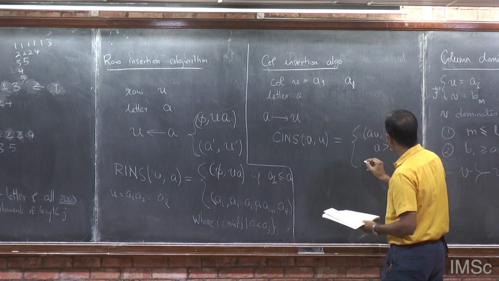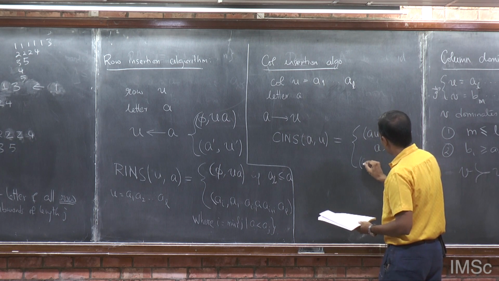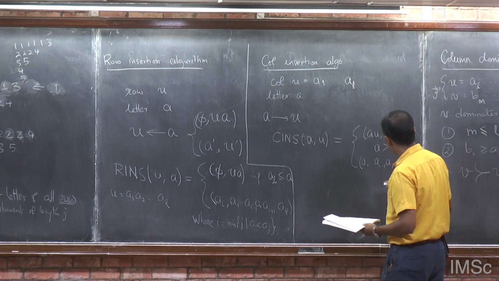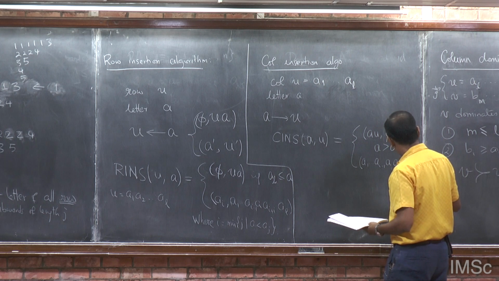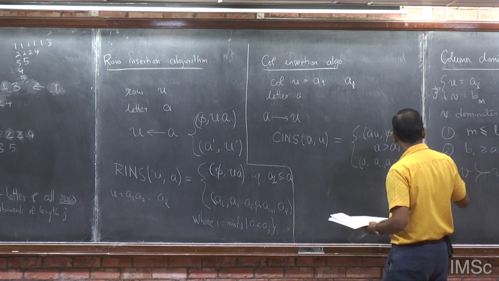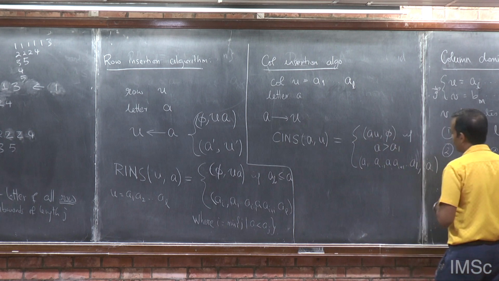So I will look at A1, ..., AI minus 1, AI plus 1, ..., AL, comma AI, where what should I look for now?